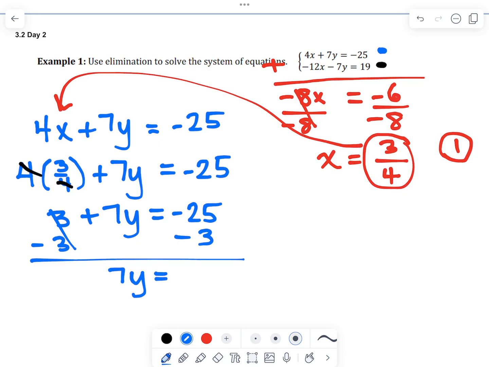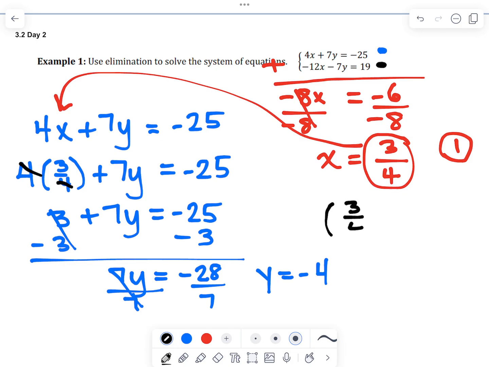Negative 25 minus 3 is negative 28. Divide both sides by 7, and we get y to be negative 4. We do want you to always write the solution as an ordered pair, so it's your x, comma, your y.